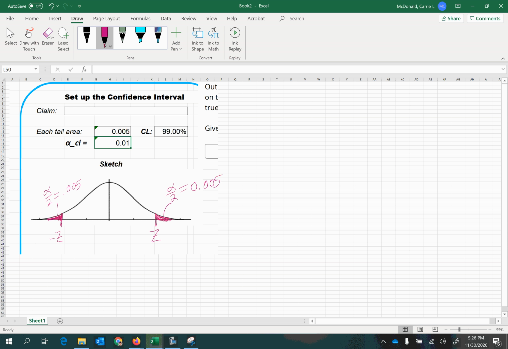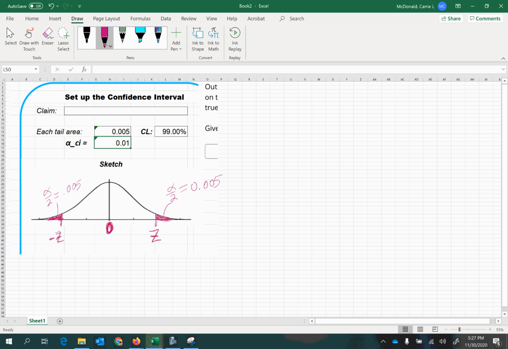Now the center on the normal z-score curve is always 0, meaning the center is 0 standard deviations away from itself. And when you go to the right z standard deviations, you'll be over here. And when you go to the left z standard deviations, you'll be over here. So we're going to find out how many standard deviations that is in each direction.